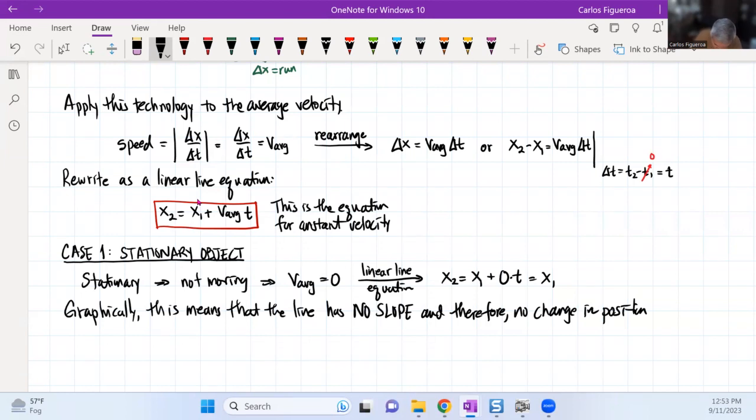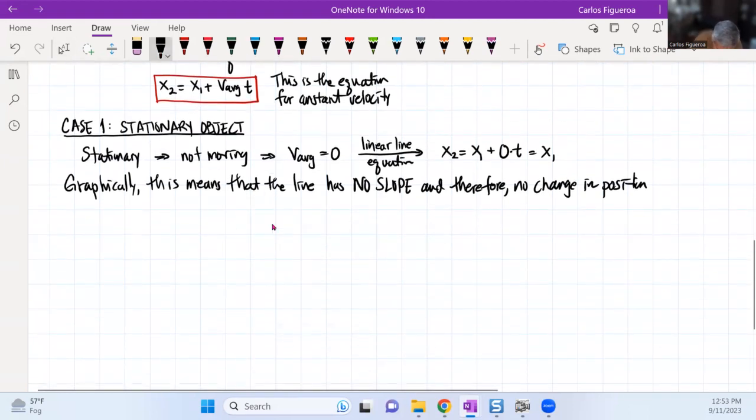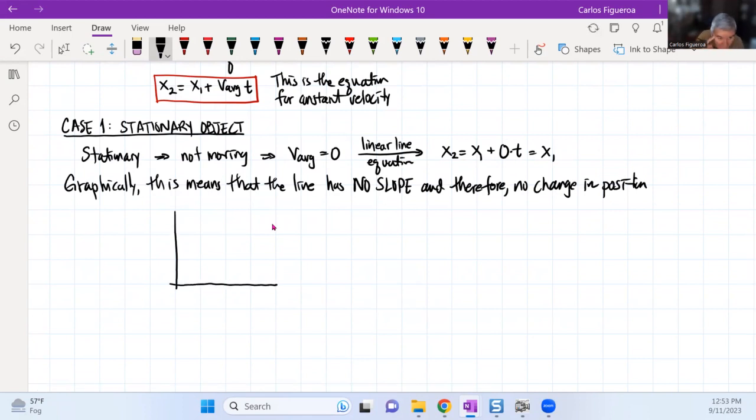So if I graph this thing, what am I seeing here? Here's my position as a function of time, and here's my time. When I'm looking at this thing, we can see that we start off at some point, and we go to a second point.